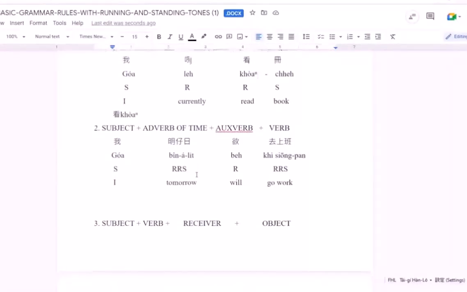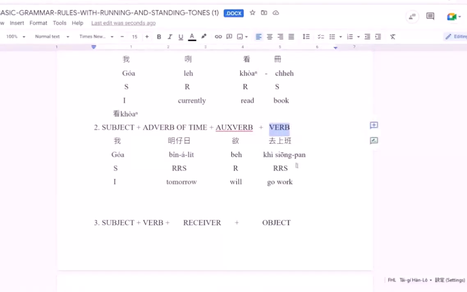Let's make it a little bit more complicated now. So we have subject, adverb of time, an auxiliary verb, which is be here, functioning like a future tense, even if it's not technically a tense.